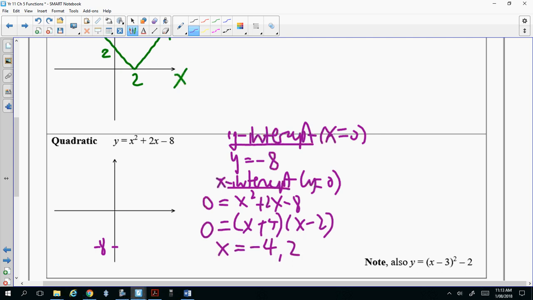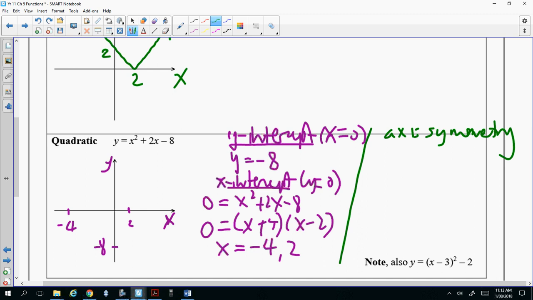And then once you do that, we need to get what we call the axis of symmetry. How do you get axis of symmetry? You average the x-intercepts. So if you go x equal to the average, you will get -1.